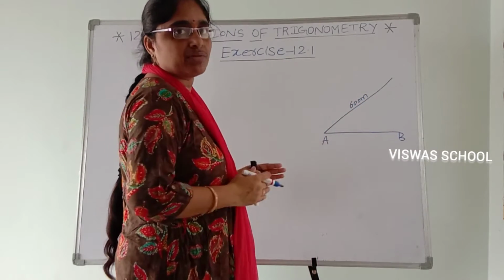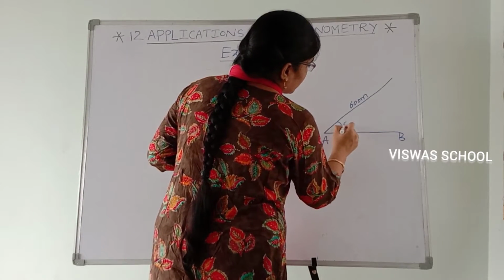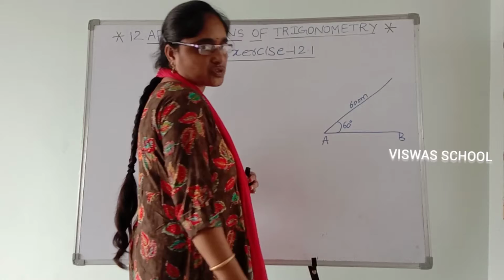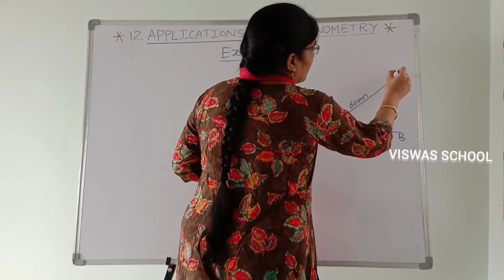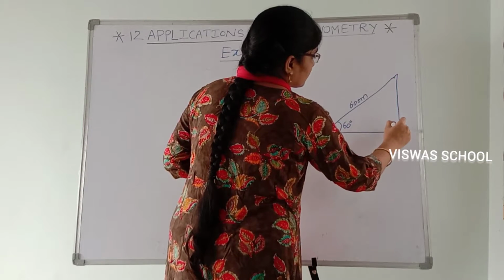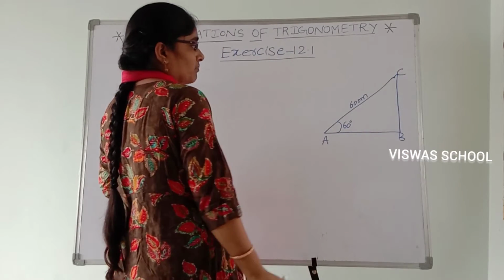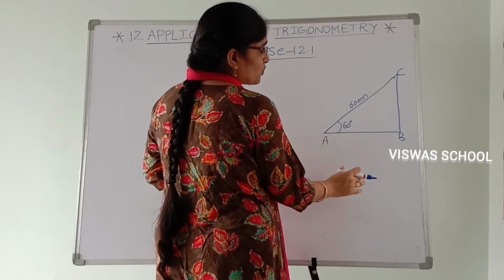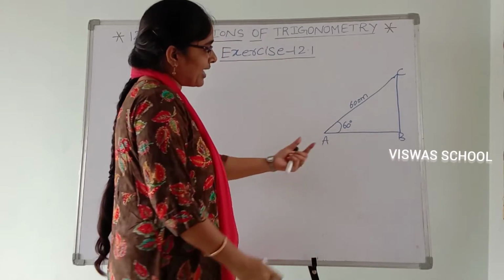When the boat has traveled to the other side, an angle is formed, that is 60 degrees. This is the angle of elevation. And here I am taking this as C. Now what do we have to find out?